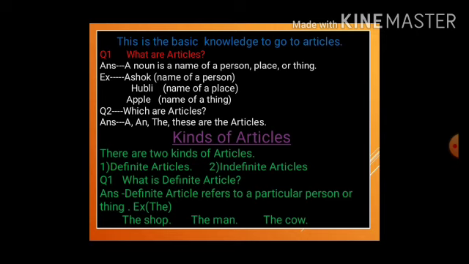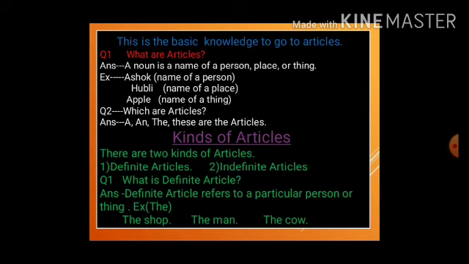These are articles. Now let us discuss about kinds of articles. There are two kinds of articles, namely definite articles and indefinite articles.